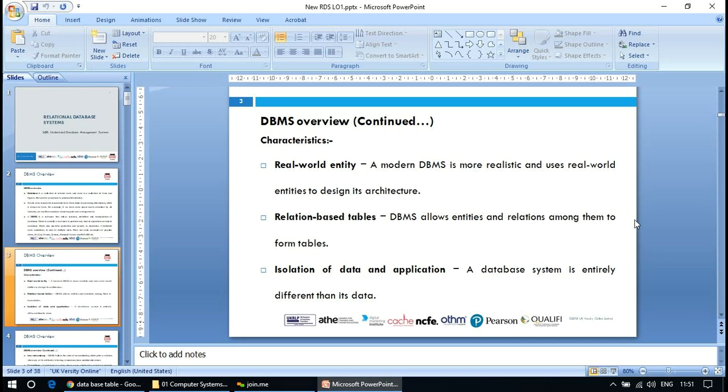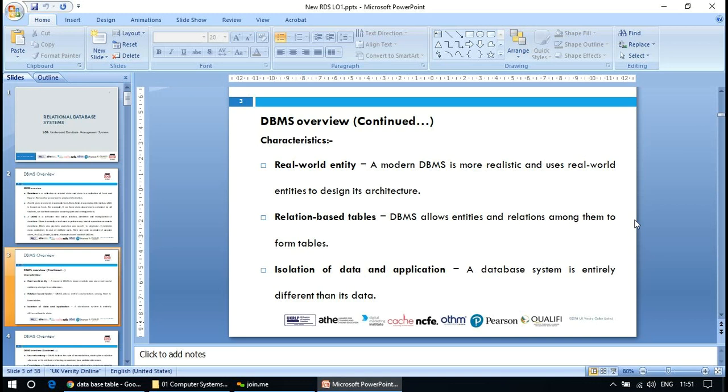For example, someone created a database application about 20 years ago and stored thousands of records, and unfortunately only their developer's application could access those records.